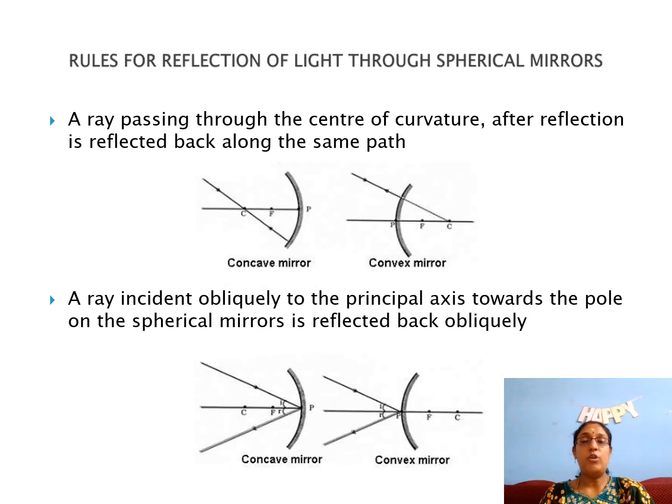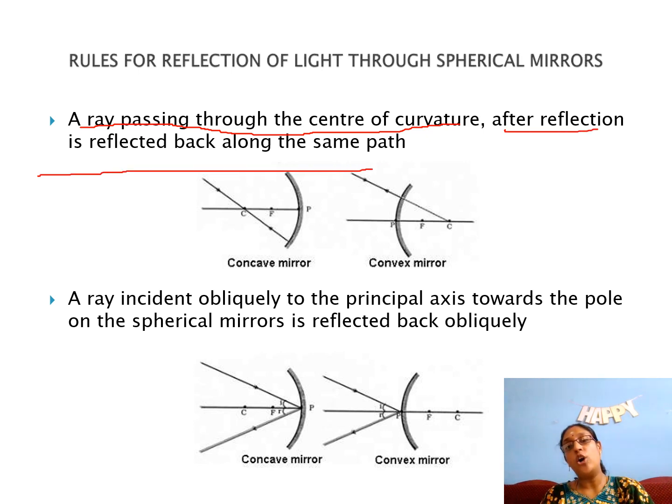Next, what will be the third rule? A ray passing through the center of curvature is reflected back along the same path after reflection. So what can you tell from this? Can you see, this is your center of curvature. Whenever a ray travels through the center of curvature, after reflection it is reflected back.